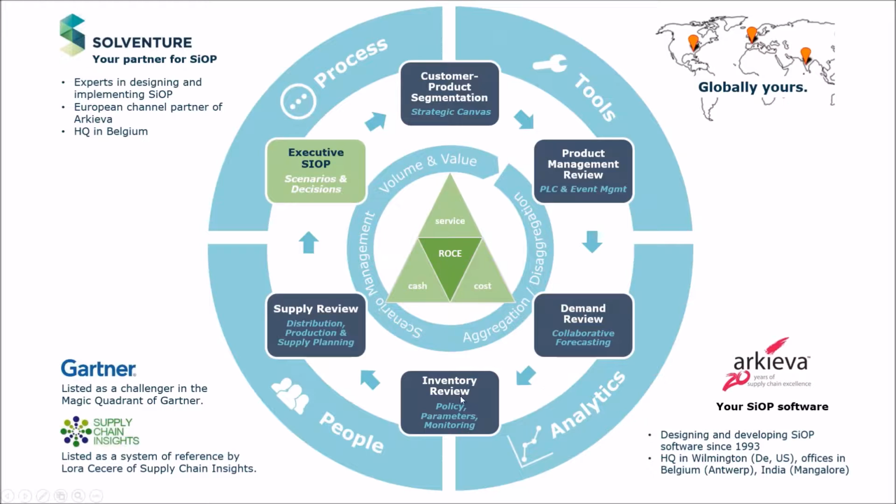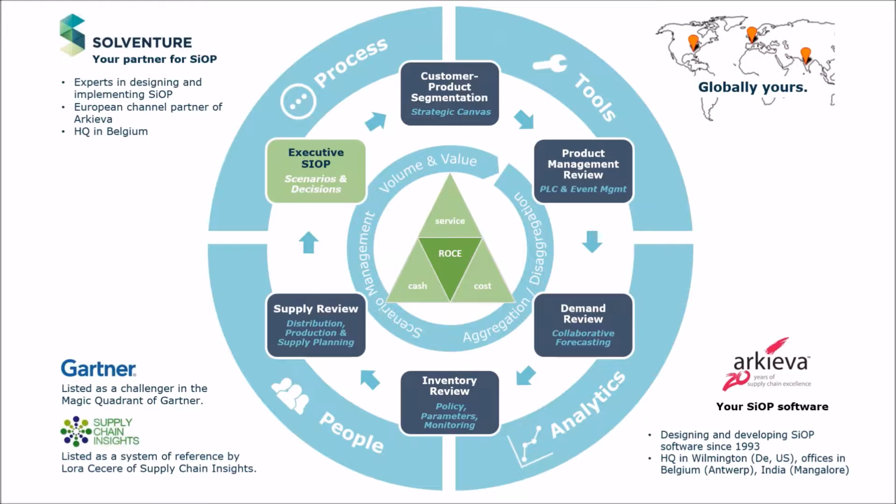The different blocks here summarize our vision on SiOP. Customer product segmentation: briefly said, we see that a lot of companies still have the same service level for all customers and for all products, and that's clearly not optimal. No two customers are equal. They don't have the same size, they don't have the same profitability, they don't have the same willingness to innovate with you, nor are two products equal.